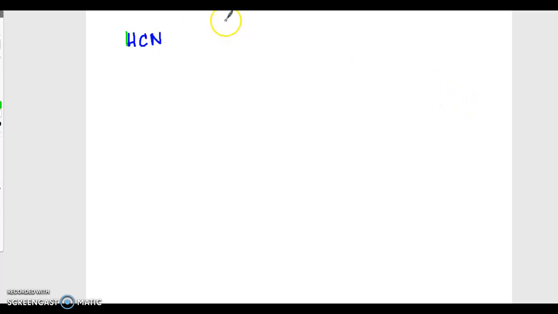I've got 3 atoms altogether. Carbon is going to be the central atom. Actually, what I should do first is figure out how many valence electrons I have to work with. I have a hydrogen with 1, carbon with 4, nitrogen with 5.